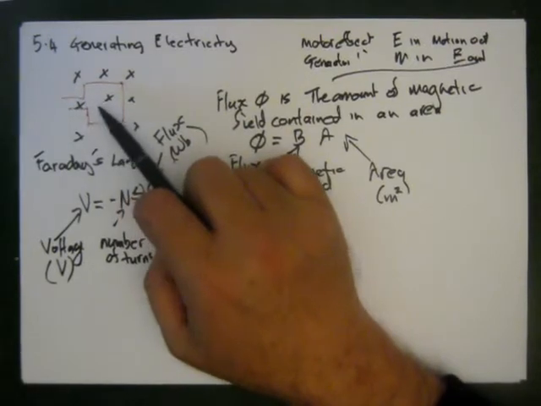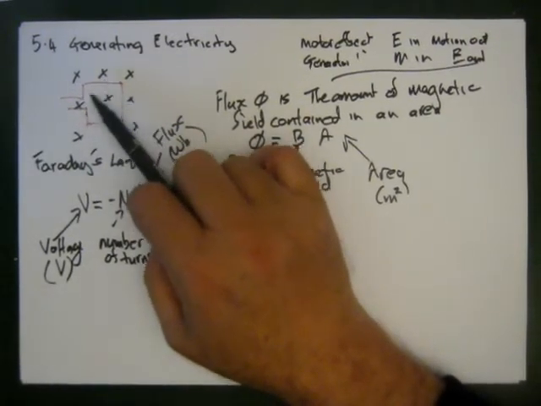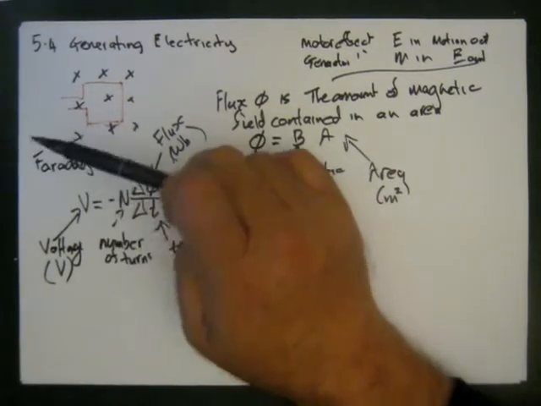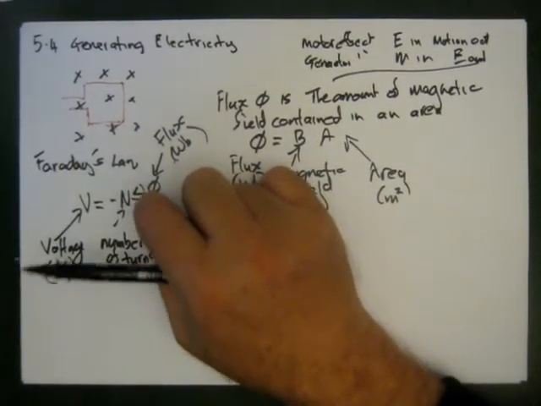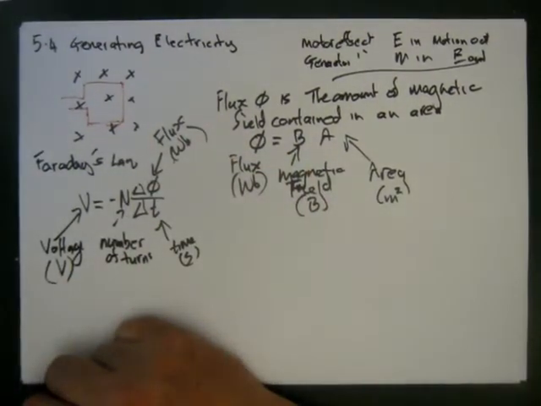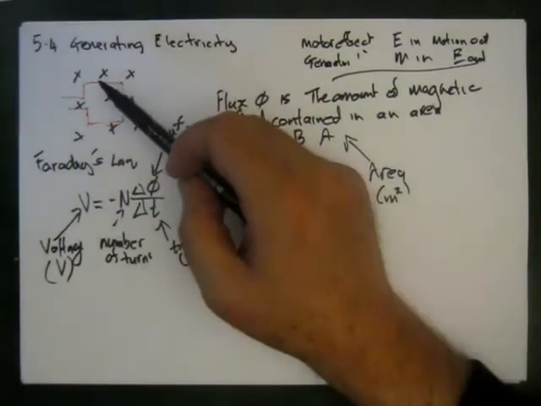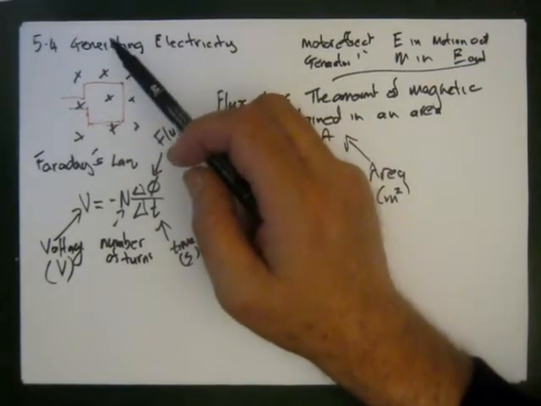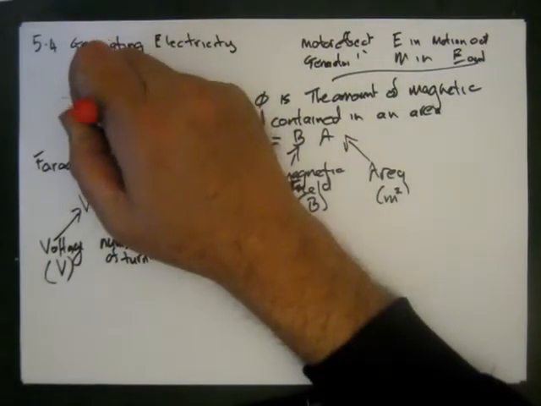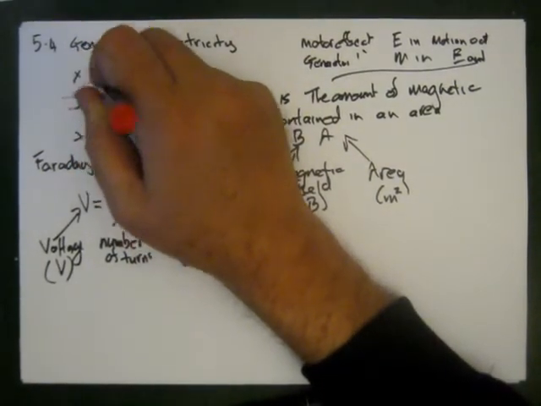Faraday's law says if you have a changing magnetic field, you create a voltage. If it can, that voltage will produce a current. And Lenz's law says the current induced will produce a magnetic field opposite to the one that it's in. So the magnetic field generated by the loop is going to be going that way.